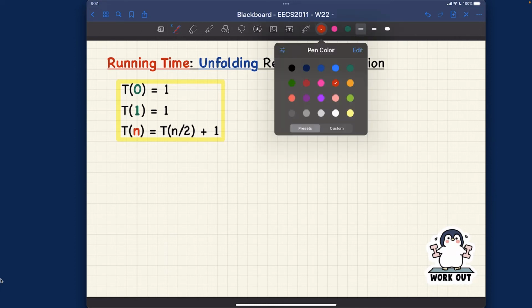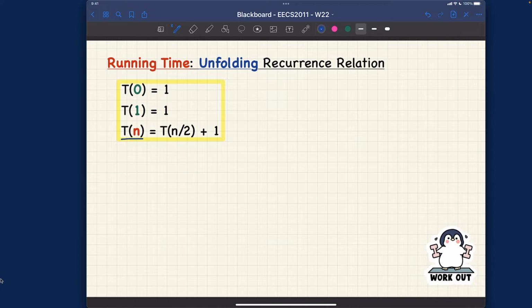I'm going to start with T of n over here. By definition, it is T of n divided by 2 plus 1. And I'm going to unfold over here, which means I'm going to substitute n by n divided by 2.